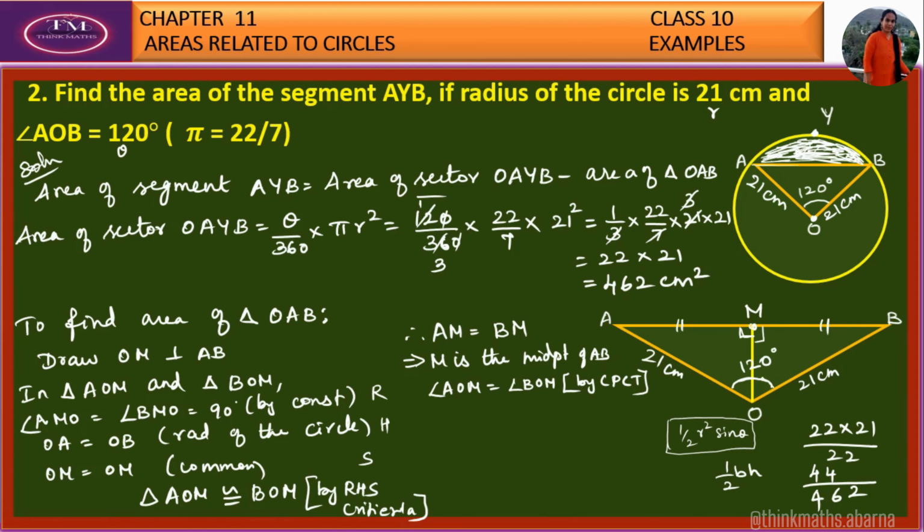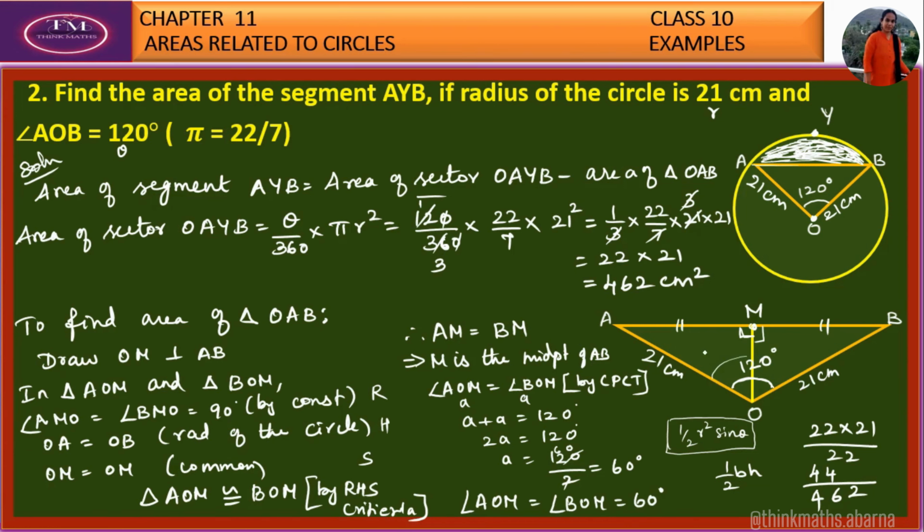So A plus A will make 120 degree. So 2A will be 120 degree. A will be equal to 120 by 2, which is 60. This means angle AOM equal to angle BOM will be equal to 60.